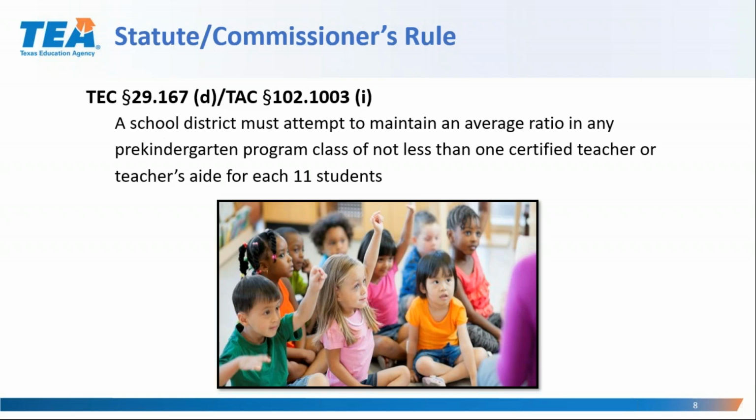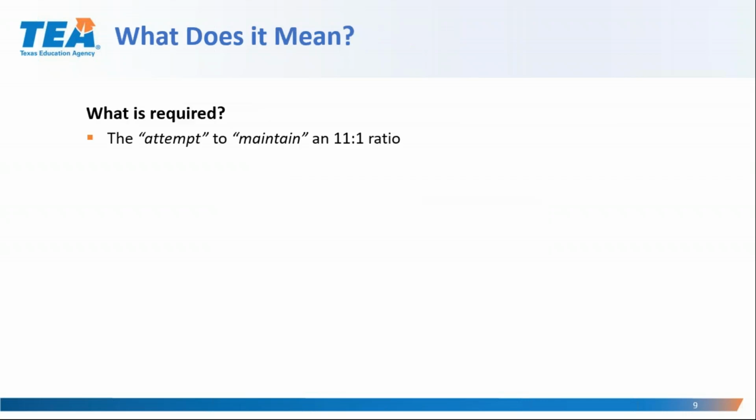It says that a school district must attempt to maintain an average ratio in any pre-kindergarten program class of not less than one certified teacher or teacher's aide for each 11 students. So what does that mean? What is actually required? And here we've listed that what is required is an attempt to maintain an 11-to-1 ratio.